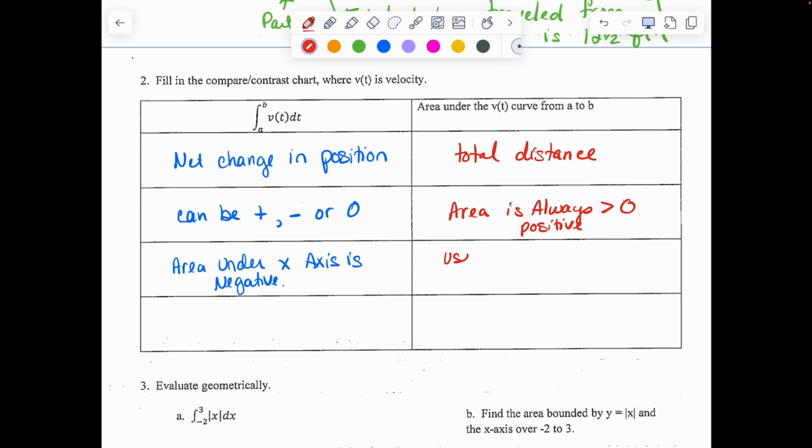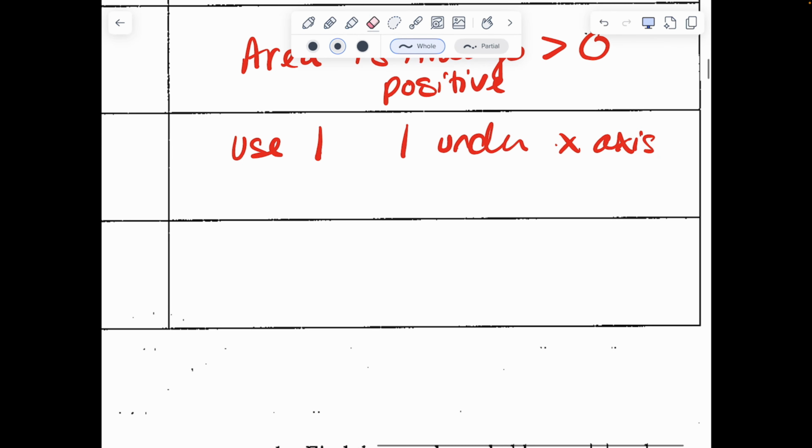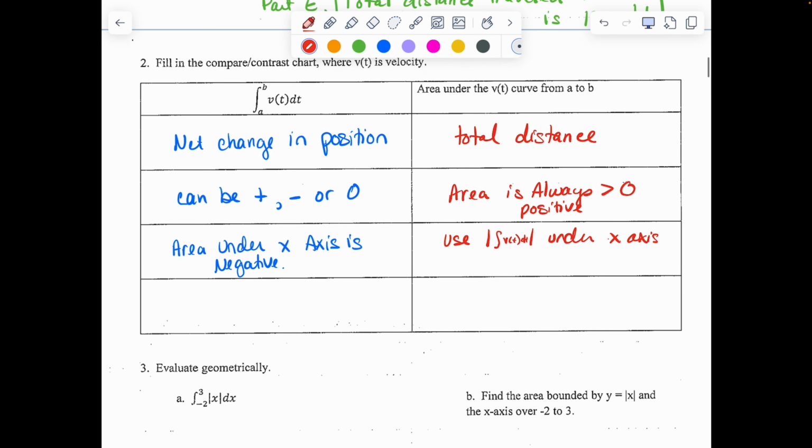And then use the absolute value of area under the x-axis. Actually, let's not call it area. Use the absolute value of the integral of v of t dt for any part under the x-axis. We can add to that if we think of anything else.